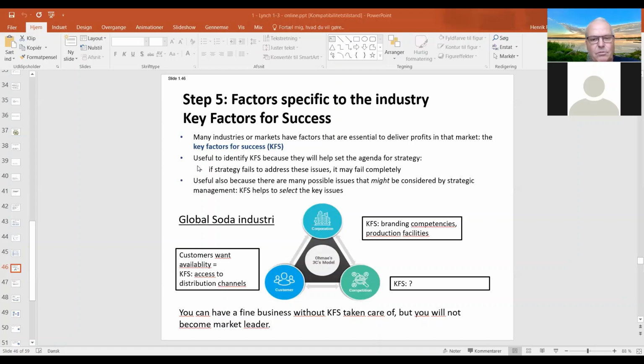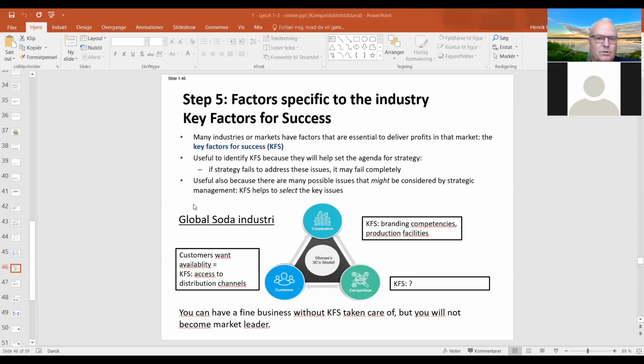And now we have to remember that strategy is a route for the future, figuring out where we want to go. And therefore it's also useful to understand these, because we have many different kinds of strategic ways, and key factors for success can help us select the specific way that makes a success for our specific company.